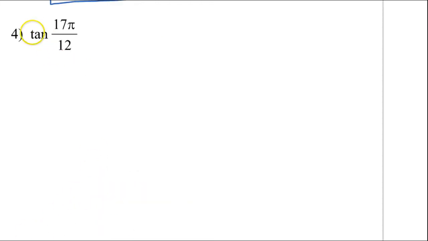Alright, number 4. Now we have tangent. This should be fun. But let's start by finding the special angles that we can use to split this apart. Let's try our subtraction method again. So we have 17 pi over 12. Let's go ahead and subtract pi over 4 and see what we get.